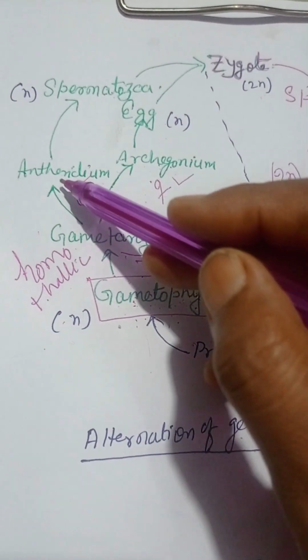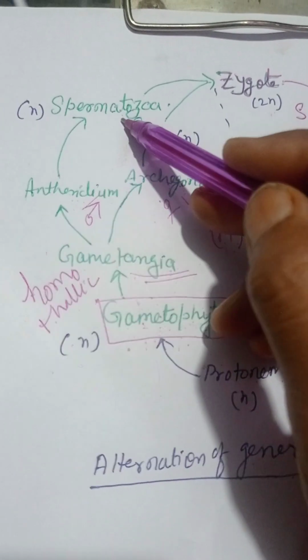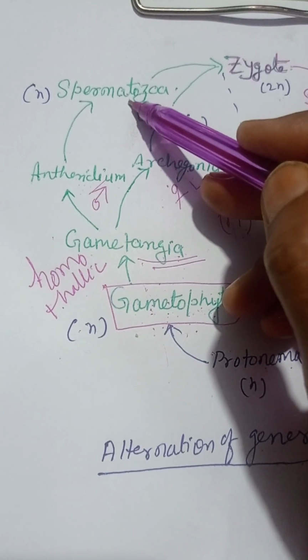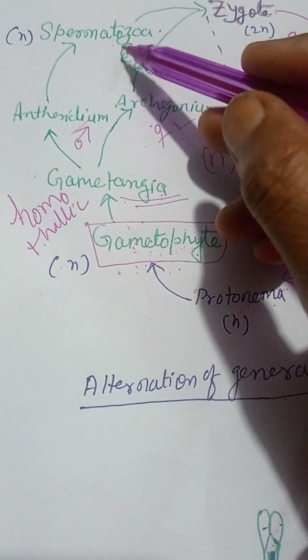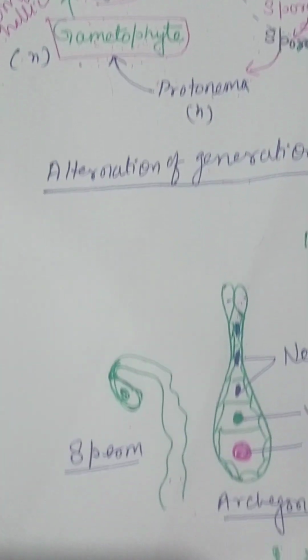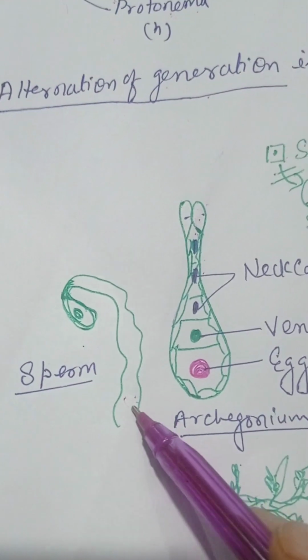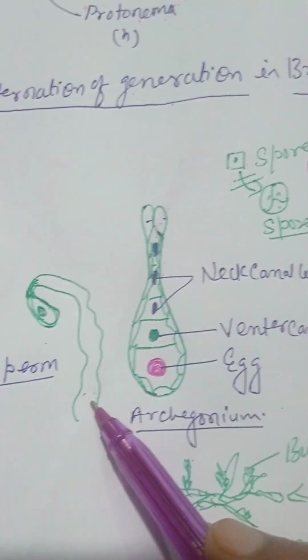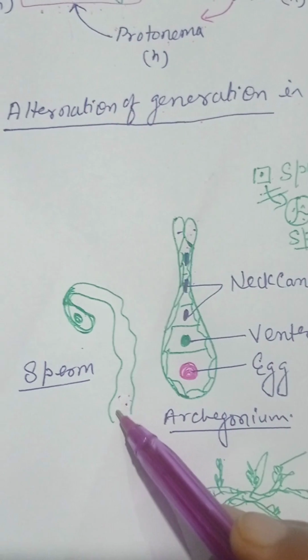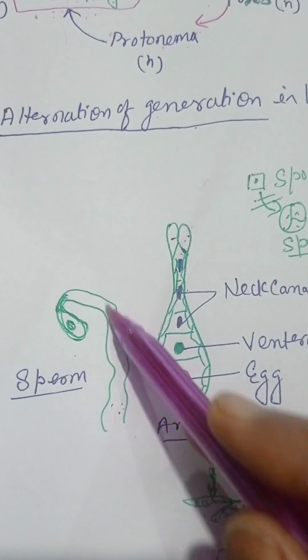Okay, then the Antheridium produces the spermatozoa. That is why it is called zoa, because it has flagella. As we know that water is very essential for fertilization in bryophytes, so they are provided with long flagella.